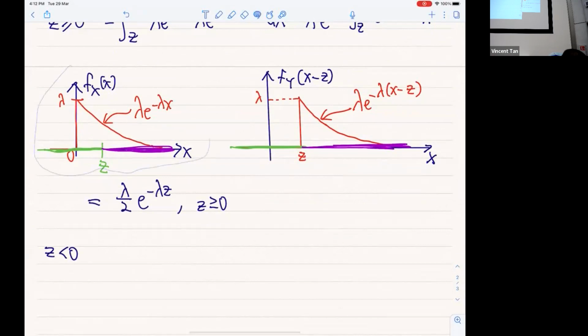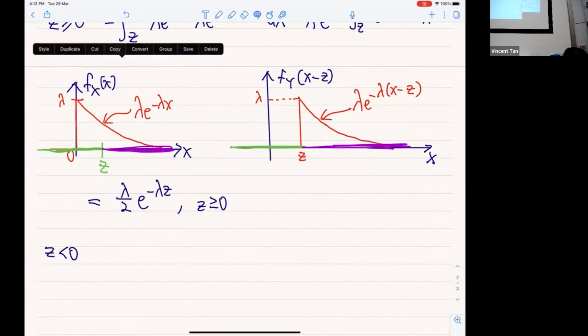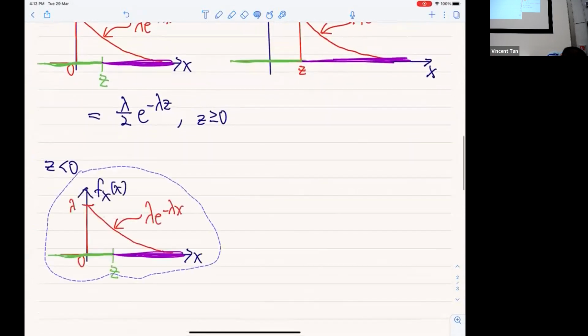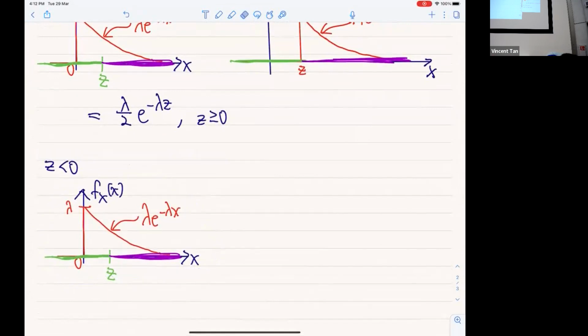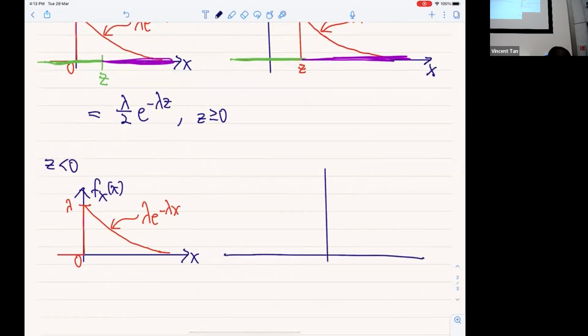Now we will move on to z less than 0, which will illustrate another point. This part stays the same because it is always the same inside the integral. But the y part is now different, and I want to highlight that this is no longer 0 here. If z is negative, then the graph gets shifted to the left-hand side.